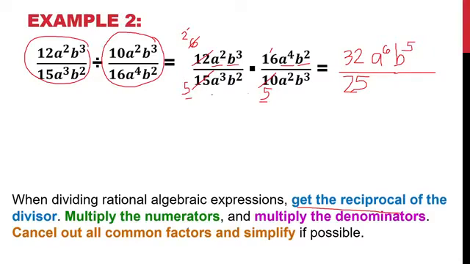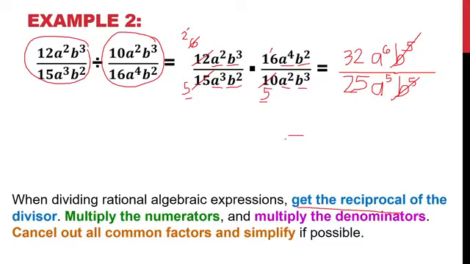The same thing with your denominator, the variable a, adding the exponents 3 and 2, that's 5. For the variable b, adding the exponents of b, you'll be getting 5 as well. Now, take note, you can cancel b raised to 5 and b raised to 5. They have the same exponent and they are of the same variable.